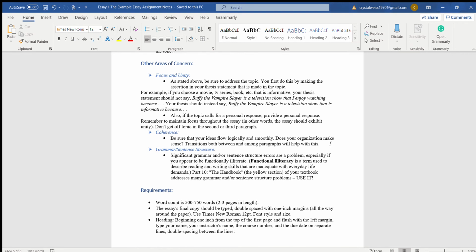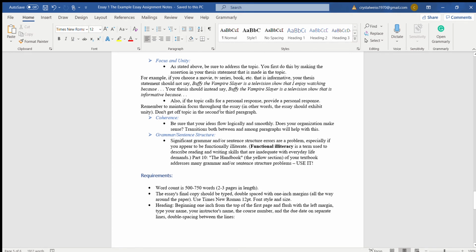And why? You'll see me write on your paper. So what? Because you say so? Because you're the only one who could prove that otherwise. Nobody else can, and frankly, is anyone else going to care? Your thesis should instead say, Buffy the Vampire Slayer is a television show that is informative because.